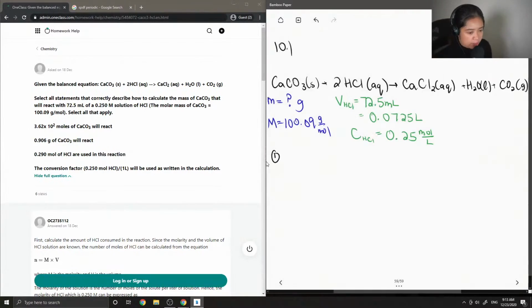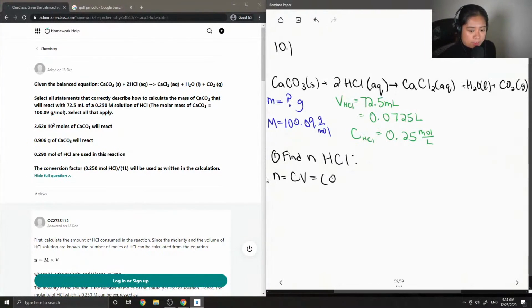So the first step is to find the number of moles of HCl. And to do that, we know that to find number of moles, you just need to calculate concentration times volume.